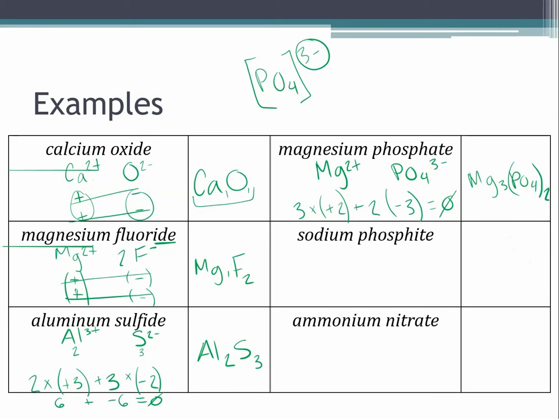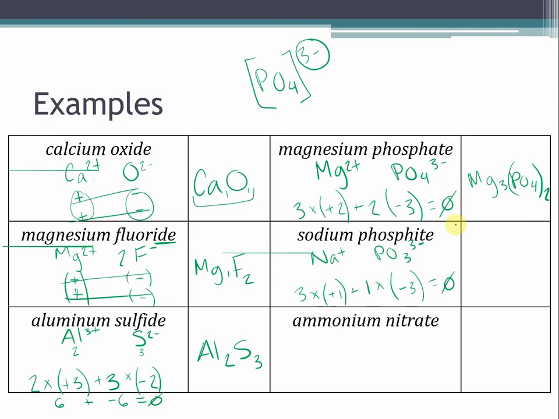Our next one, sodium phosphite. Sodium is Na+, phosphite is PO3 3-. So we are going to need 3 sodiums, each with their positive 1 charge, and we are going to need 1 phosphite with its negative 3 charge to make everything cancel out to 0.